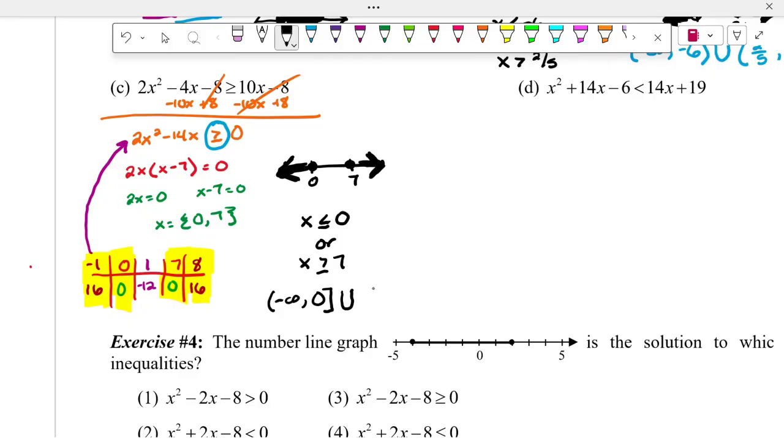Union is just a fancy way of saying or. You still have to put the union symbol because that's just how it's written. And then you put 7 and positive infinity. So union you'll use more with probability, and you'll also see it again. It's used exclusively with probability and intervals. Well, there's union and then there's intersection. Intersection's and. It's an upside down U.